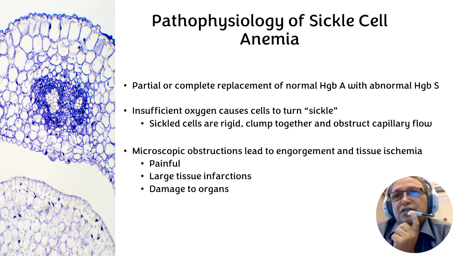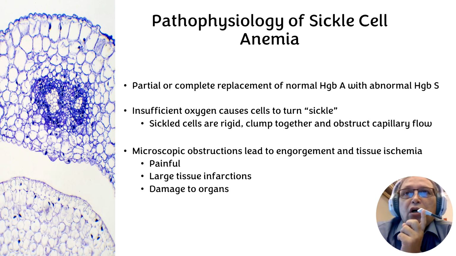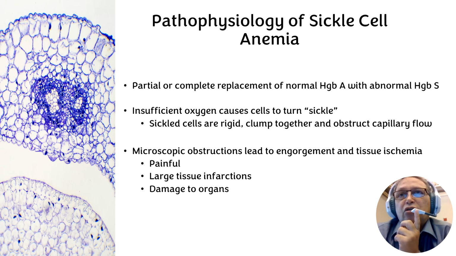The genetics of this disease is always fun to look at. However, I'm not going to drag you down into the weeds with me. Suffice it to say that the normal hemoglobin A protein is replaced with the hemoglobin S protein. S for sickle cell, A for the adult type.